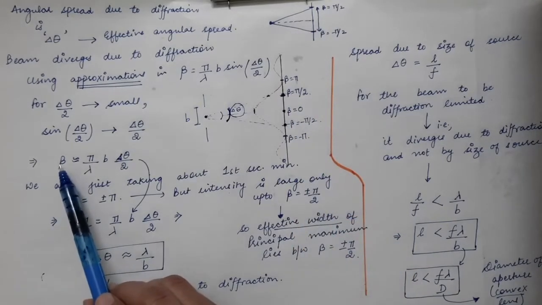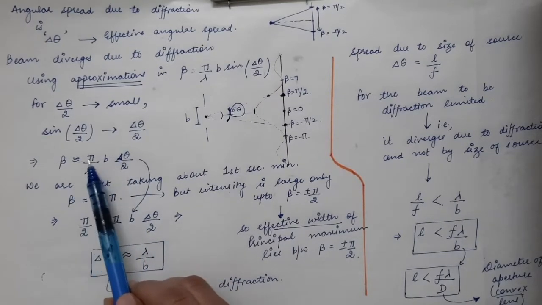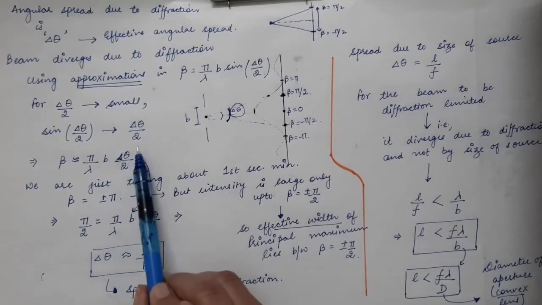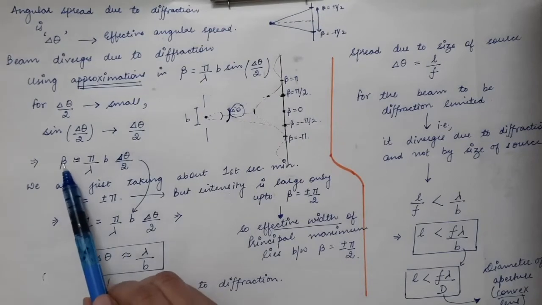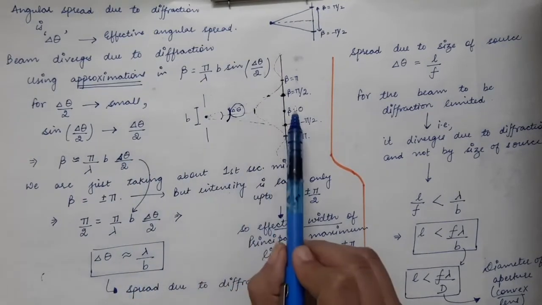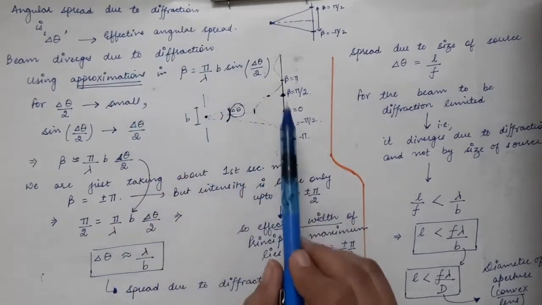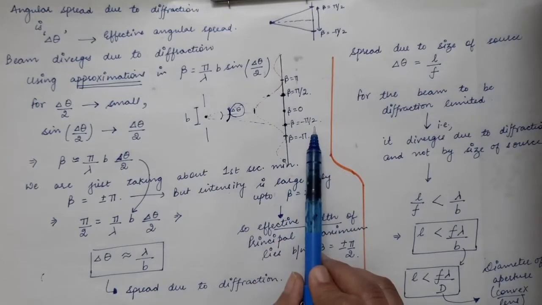So here we got the relation of beta and delta theta, that beta is approximately equal to pi by lambda into b into delta theta divided by 2. So this is the general formula which gives the relation between beta and delta theta. But here, to find the effective angular spread, we are going to consider only beta is equal to plus minus pi by 2.